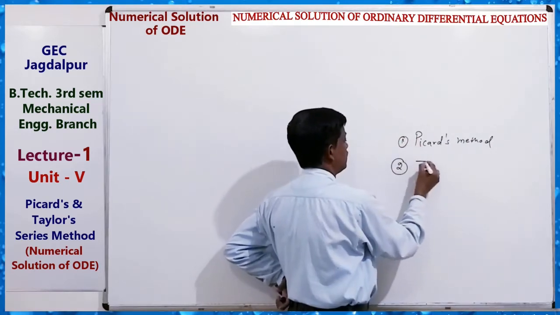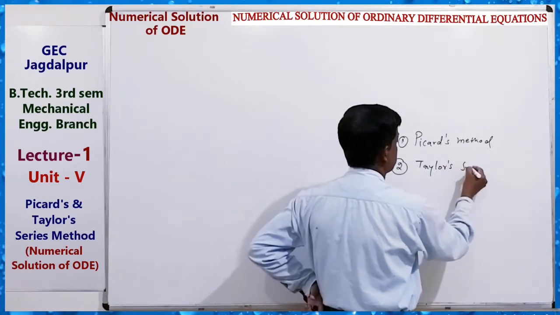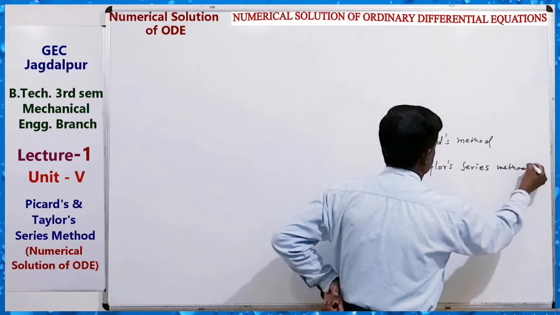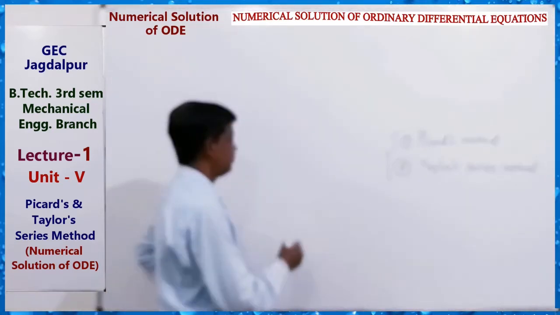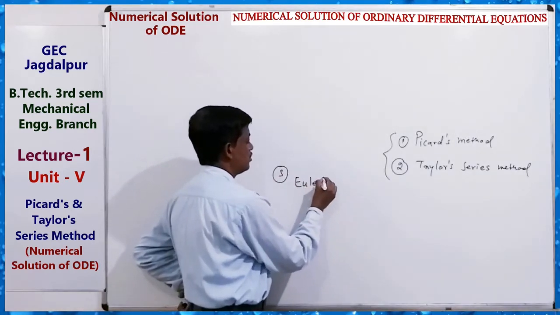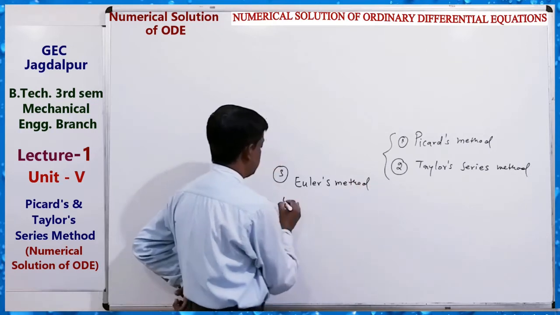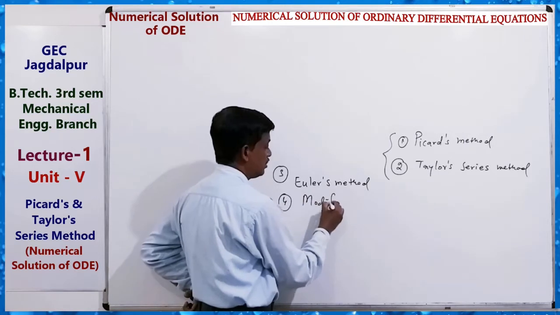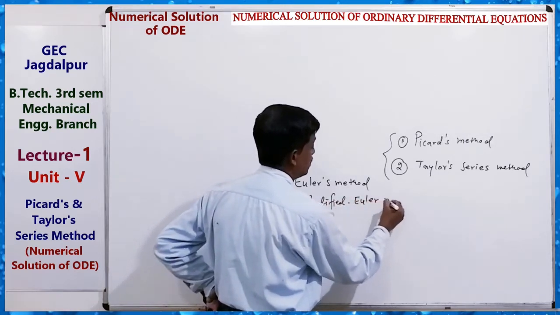Second, Taylor series method. Okay, then third, Euler's method, and fourth, modified Euler method.